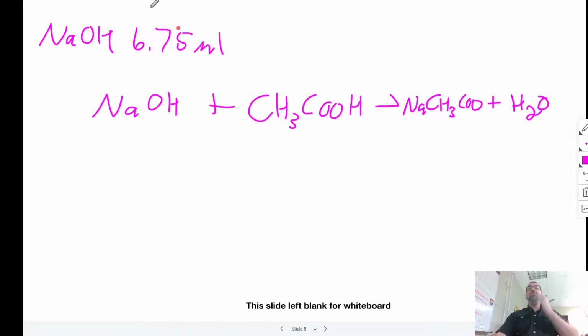So we know now that this one and this one come together in a 1-to-1 ratio, which means that if we find out the number of moles that is in this volume, we'll be able to figure out the moles that was in this volume, okay?